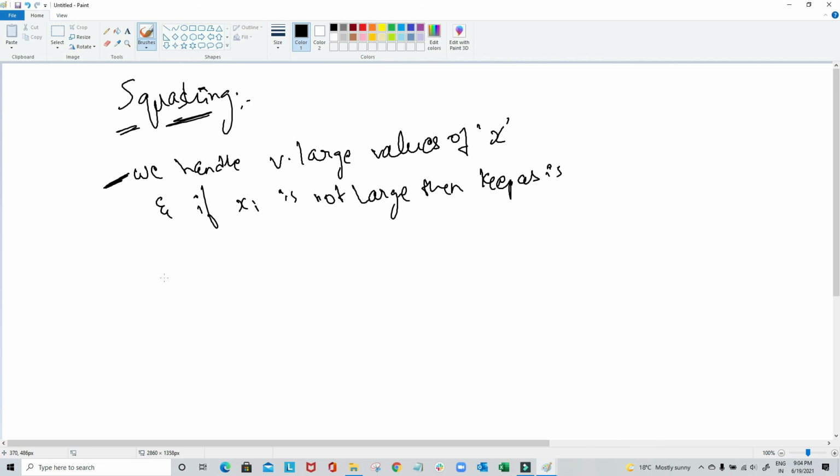And we know a sigmoid equation. The equation of a sigmoid function is 1 by 1 plus e power minus x. Let's look at how that function looks.